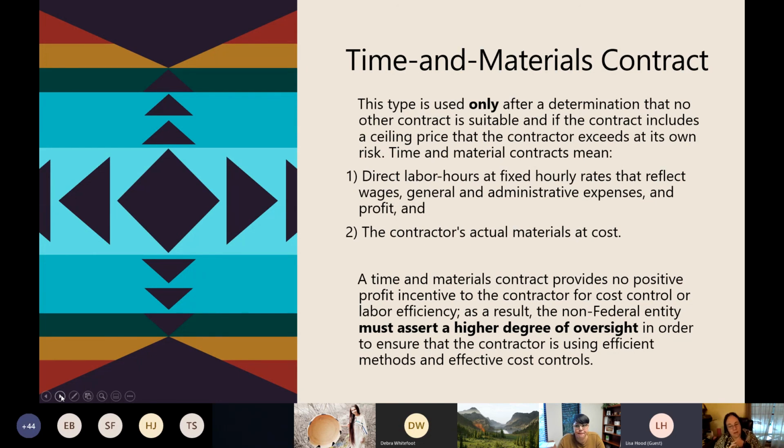Time and material contracts mean direct labor hours at a fixed hourly rate that reflects wages, general administrative expenses, and profit, plus the contractor's actual materials cost. A time and materials contract provides no positive profit incentive to the contractor for cost control or labor efficiency.